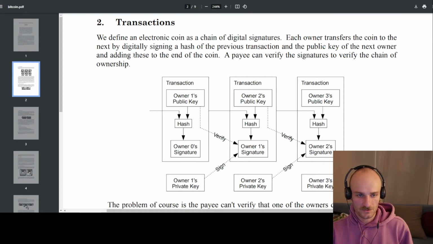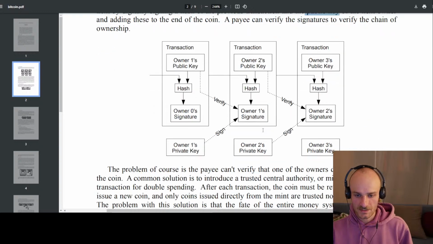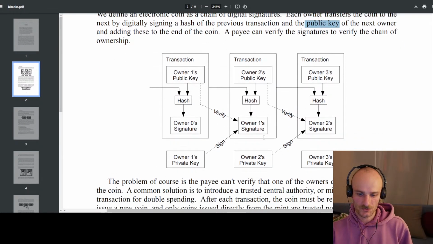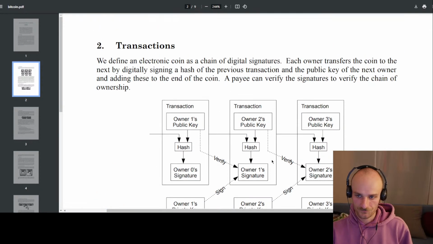So at the end of the coin, we have the public key of the next owner. And only the next owner knows the private key, which resolves this hash here, revealing the previous transaction in which the token has been involved, and the public key which possesses this token.